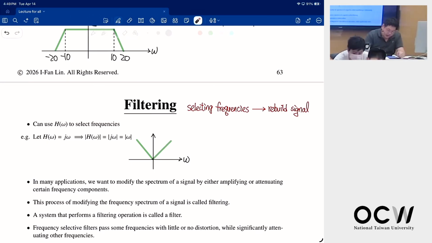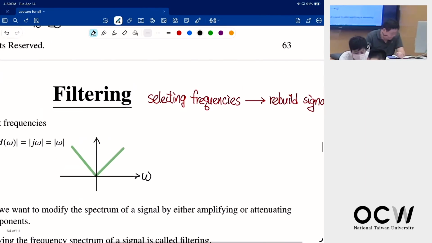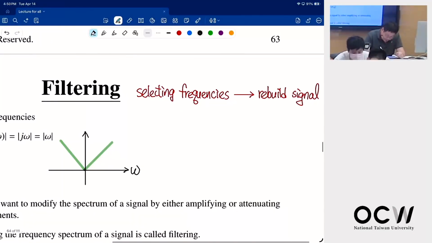You can see for this frequency response, they will amplify the high frequency. So for those high frequencies, they will be amplified. But for the low frequencies, they will attenuate till 0.